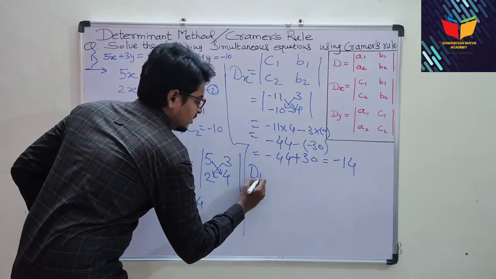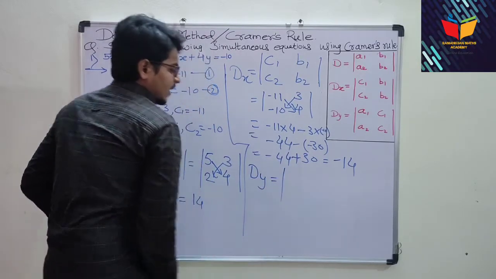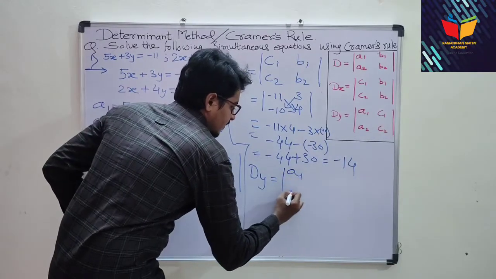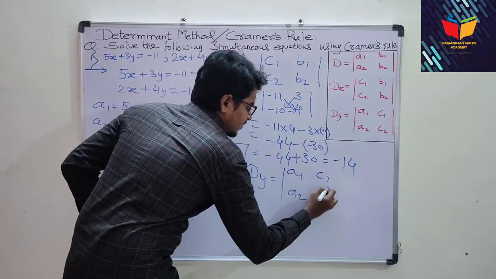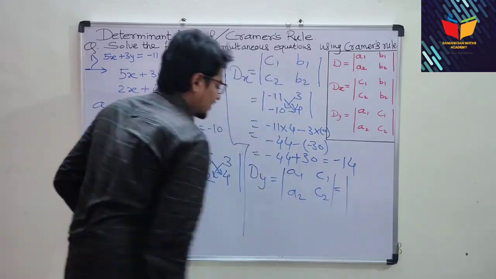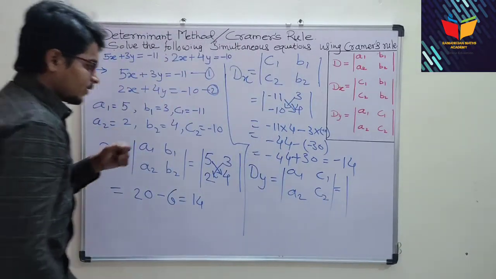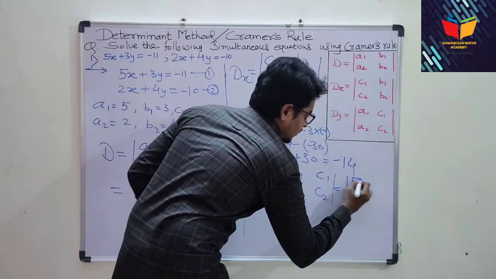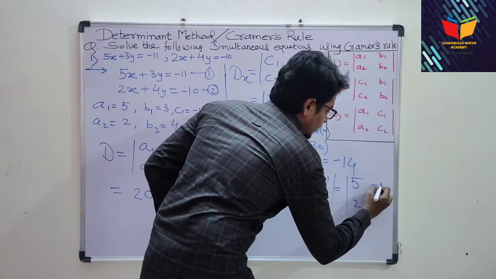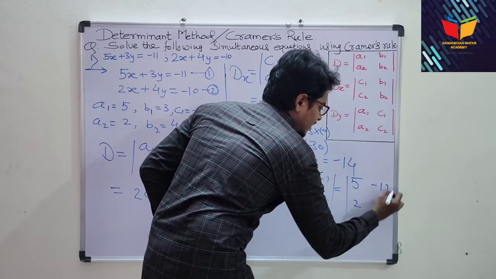So dy is equal to, again what is the formula, a1 a2 c1 c2, which is equal to, now write the values, a1 a2 is 5 2, next c1 c2 is minus 11 and minus 10.